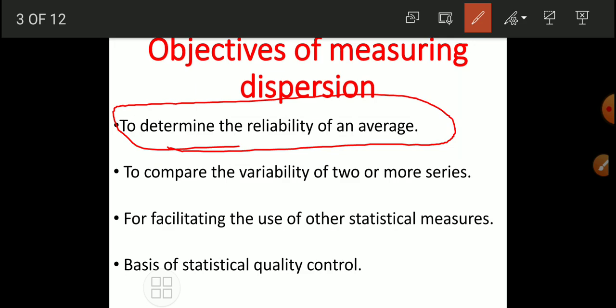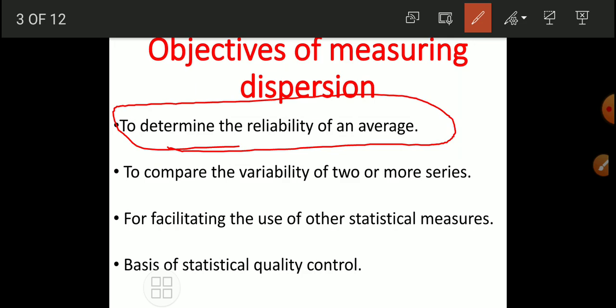Keep in mind variation. Suppose in our class only one student has got 98% marks and all other students are below, say 70% marks, isn't it? And suppose we calculate the average of such 10 students, then what happens? The student who has secured more marks, above 90, will not get justice because of that average.